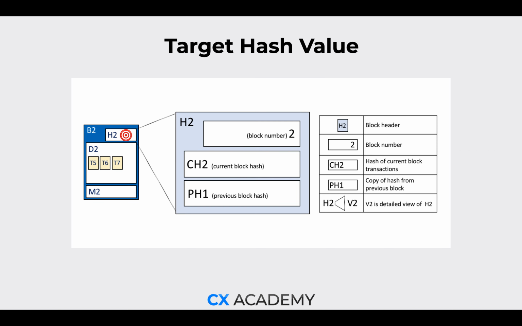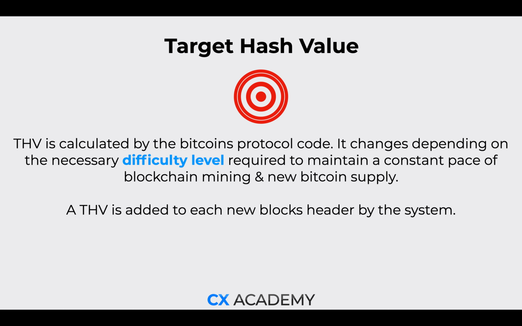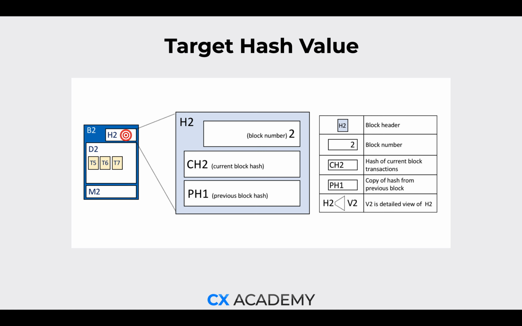So then where is this THV stored on the blockchain? Well, again, like we've just said, it goes in the header of the block. Okay, so we can see it goes in the header of block number 2, for example. So you've got the current block hash, CH2, and you've got the previous block's hash, PH1. Okay, now these will be hashed together to form that particular block's hash value.